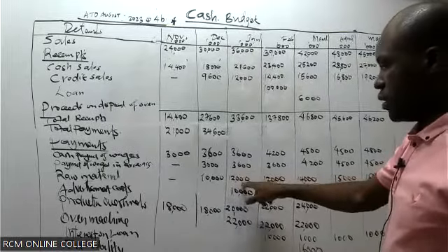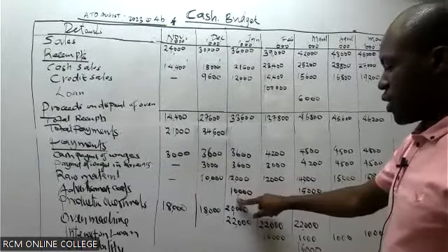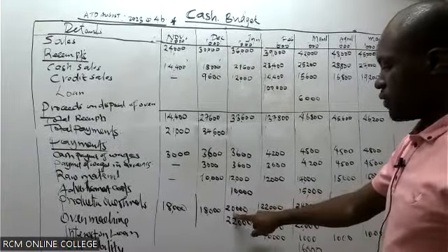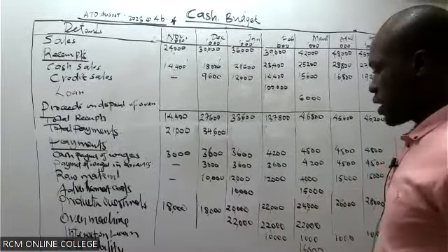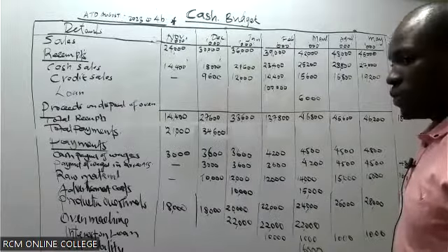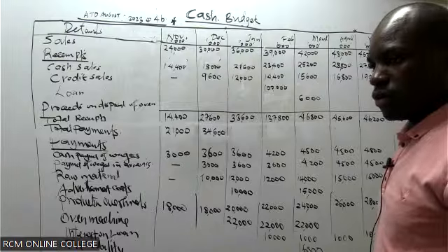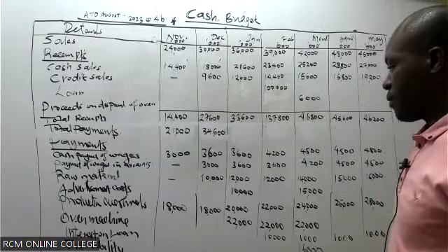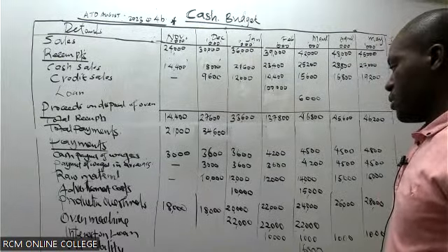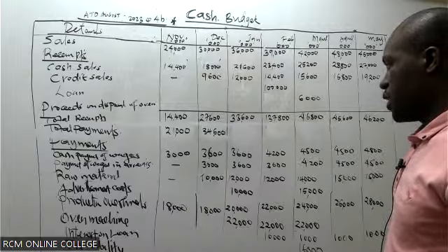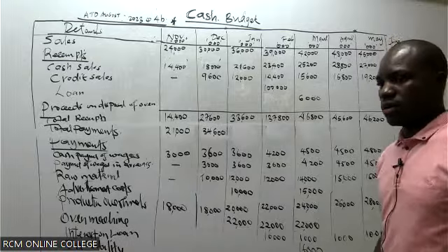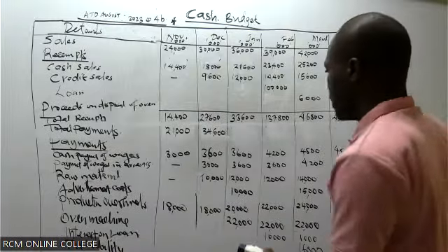Hiyo ni 19,200, 29,200, 29,200 plus this 49,200. 49,200 plus 22,000. Tunapata ngapi? 49,200 will be 71,200.